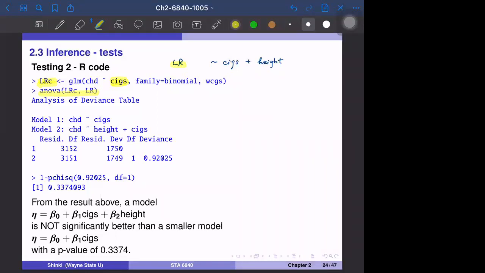And actually this is analysis of deviance table, not analysis of variance. And the analysis of deviance table gives the ds and the dl. Okay, so this is the larger model. So okay, model L, and this is model S.